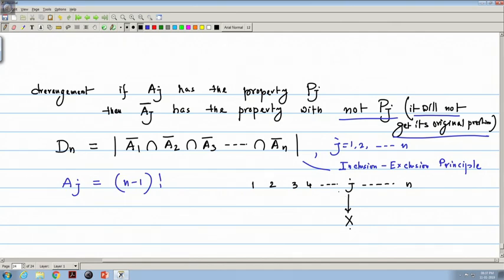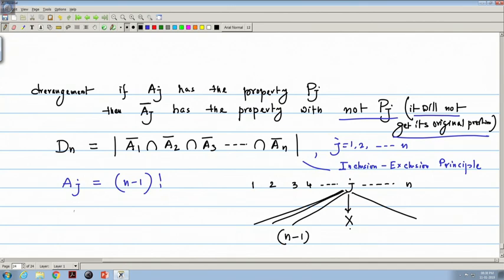So, j can come here 1, j can come here 2, and so on. So, that means it has n minus 1 options. So, what will be the permutation? That means the remaining elements can be arranged in n minus 1 factorial ways.